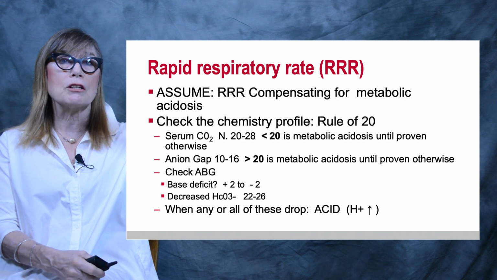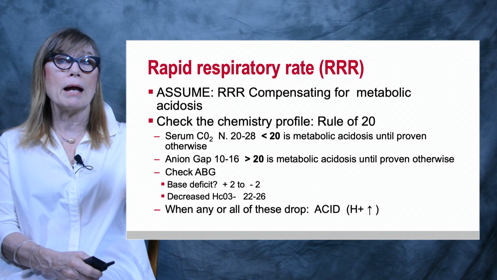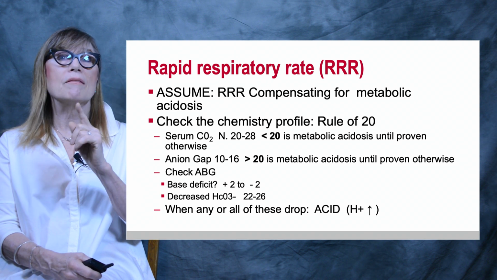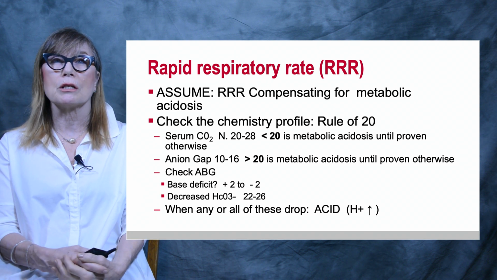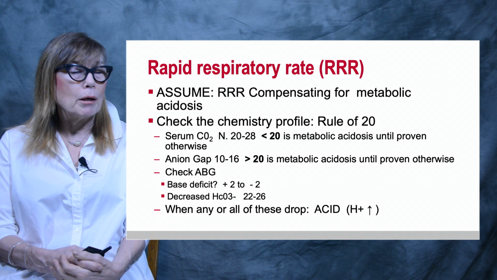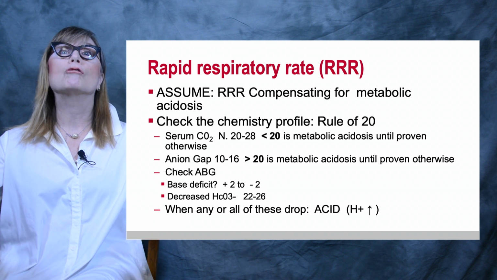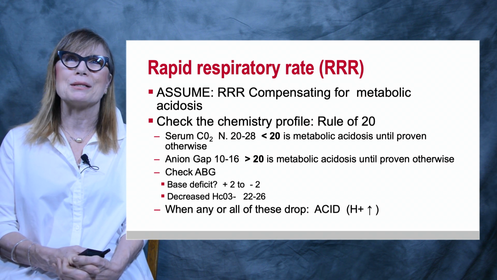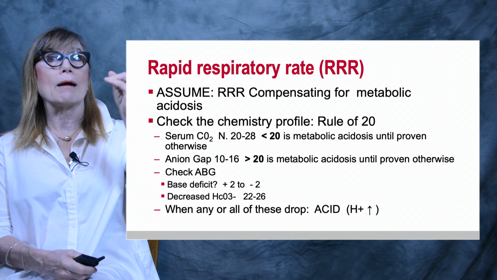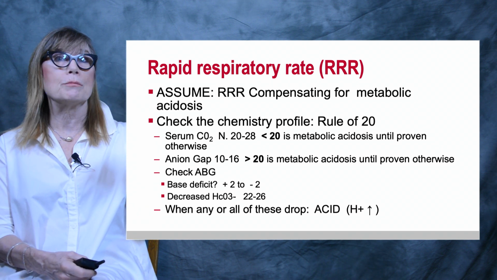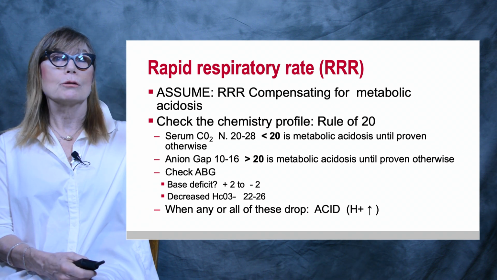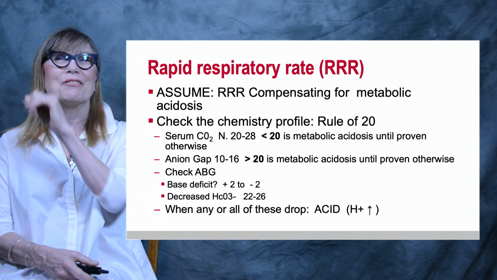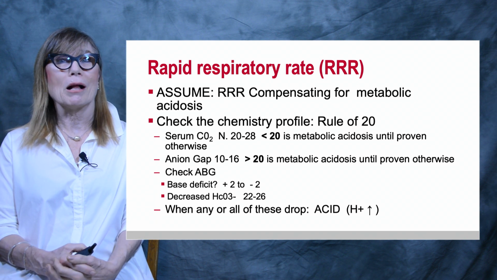If the anion gap on your chemistry profile is greater than 20, that indicates metabolic acidosis. So again, assuming that chemistry rule of 20, total serum CO2 below 20 and the anion gap above 20, that tells us we have metabolic acidosis.